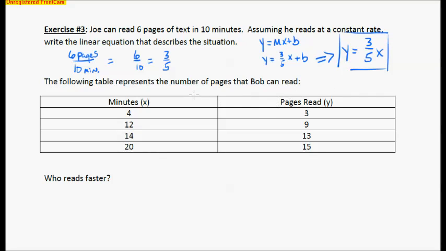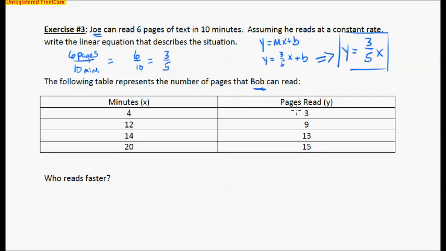Now, they also say that the following table represents the number of pages that Bob can read. Now, this is Bob, and of course, this is Joe. So we want to see which one of them has the faster rate.